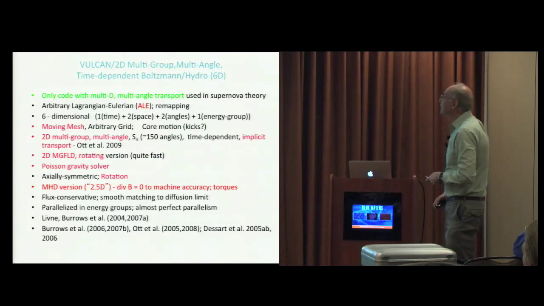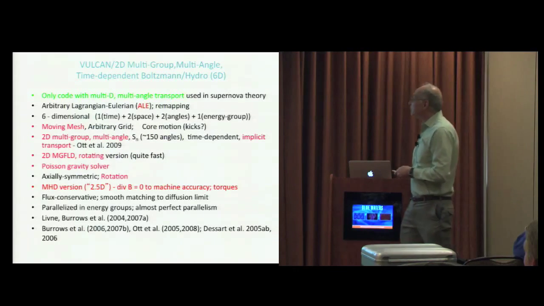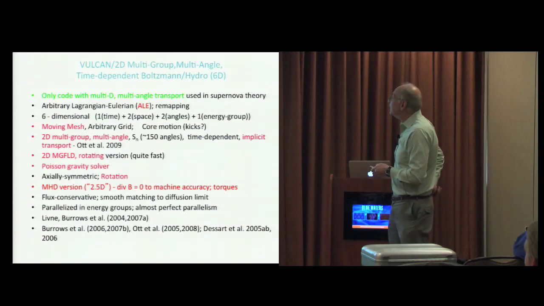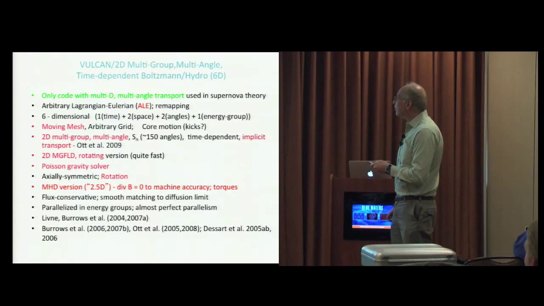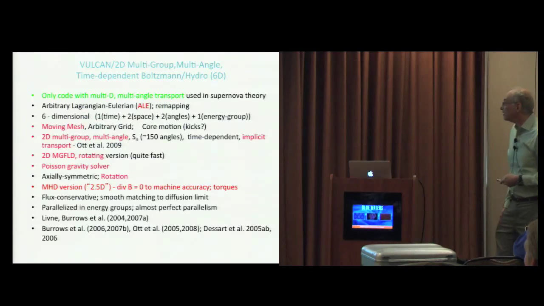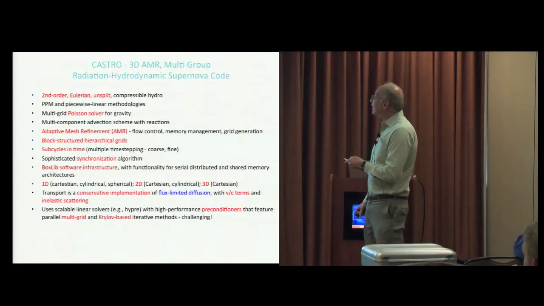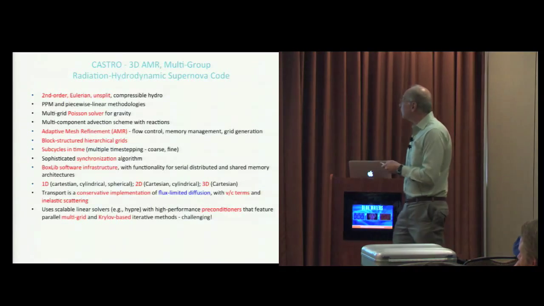It turns out the various codes we've used have all sorts of interesting features. There's been a lot of numerical effort here: moving mesh, ALE approaches, multigroup flux limited diffusion, 2-moment closures, being able to include rotation, having magnetic fields, et cetera. Our old Castro code was second order unsplit.